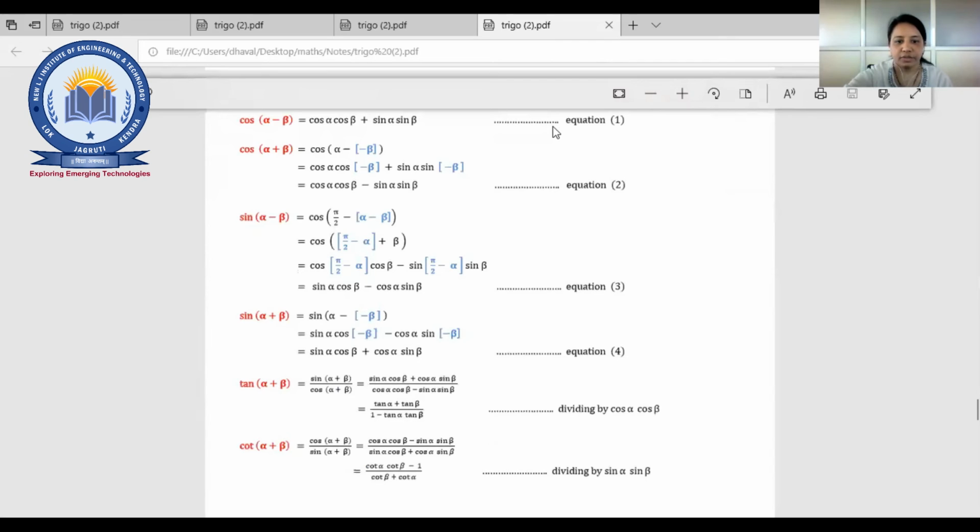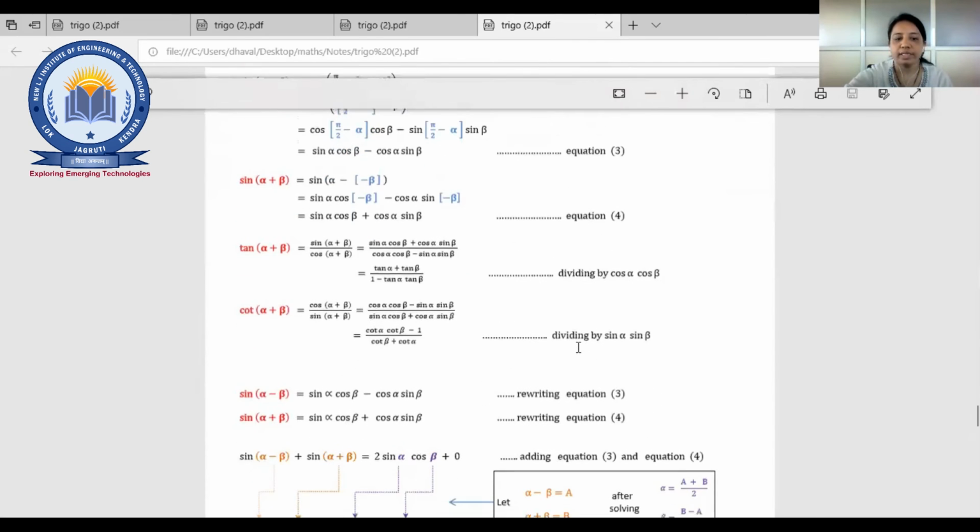From these 4 equations, you can derive the equation for tan alpha plus beta and cot alpha plus beta. From the basic definition, we know that tan is sine upon cos.